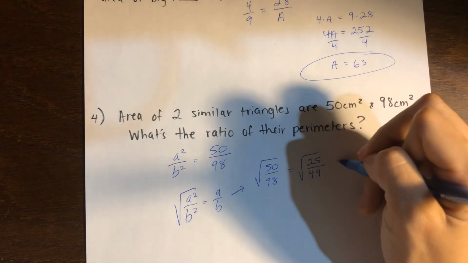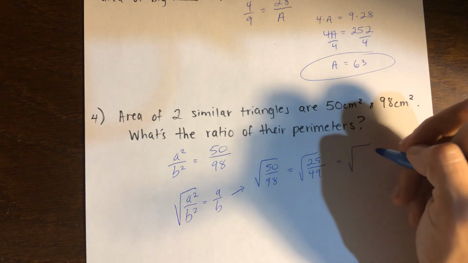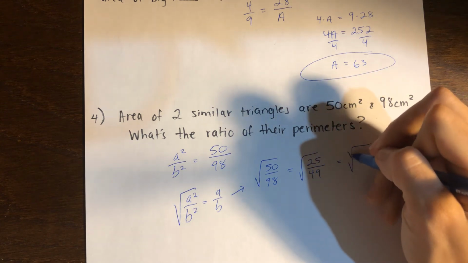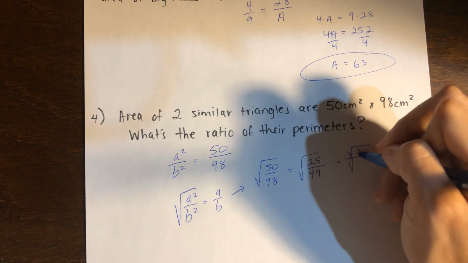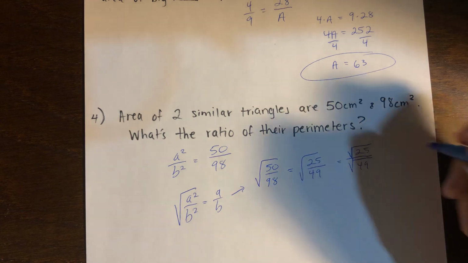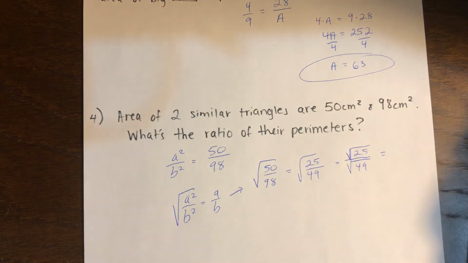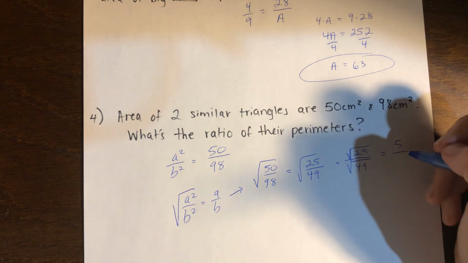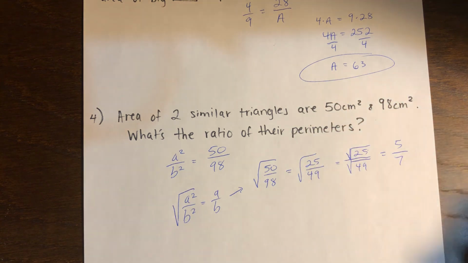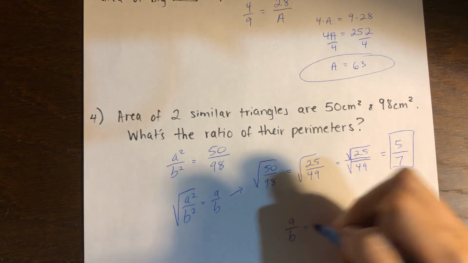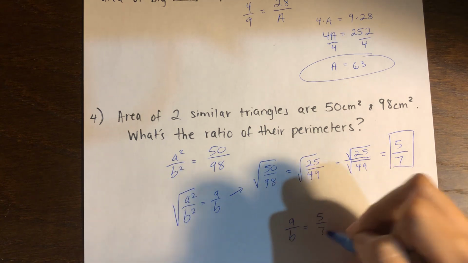So we have the square root of 25 over the square root of 49. We have two different square roots. The square root of 25 is 5, and the square root of 49 is 7. So we have 5 over 7 as our answer. So A over B is 5 over 7.